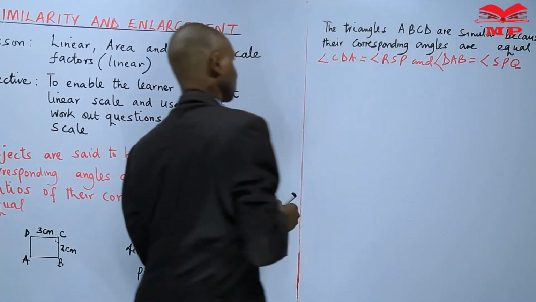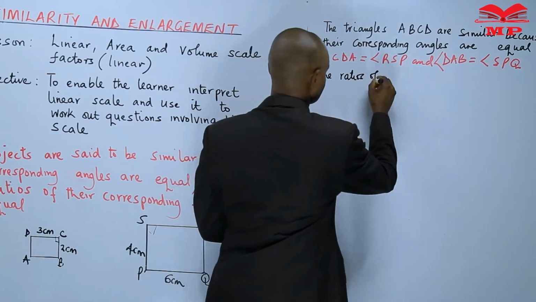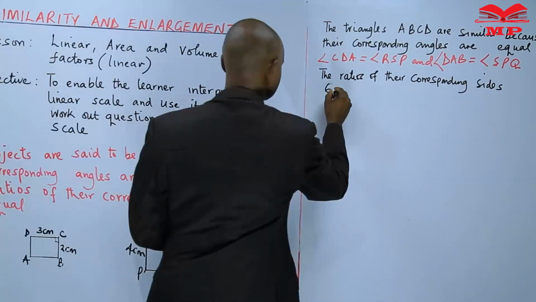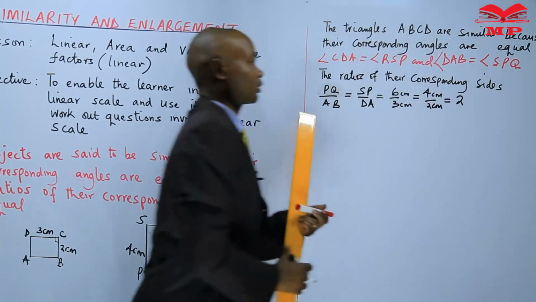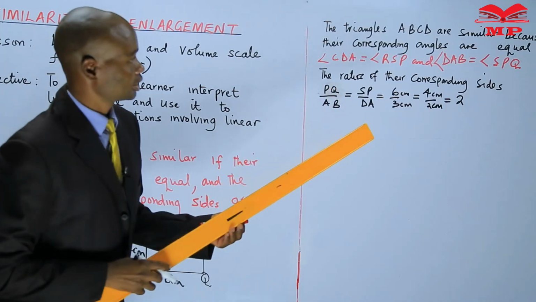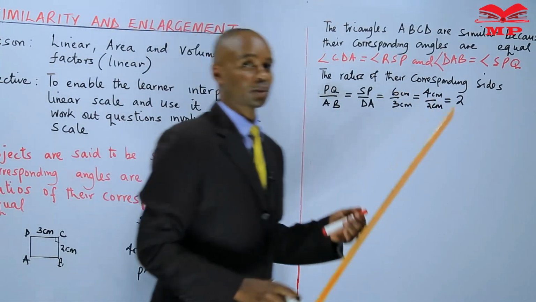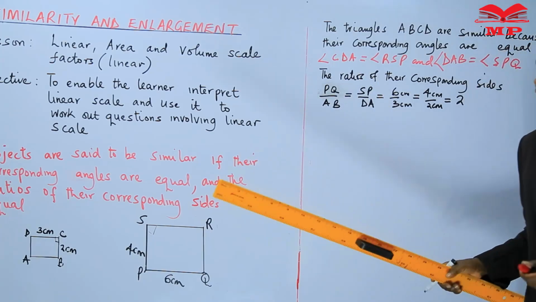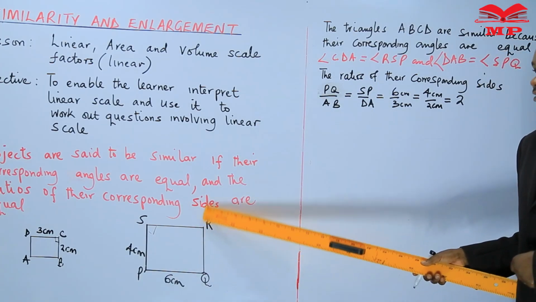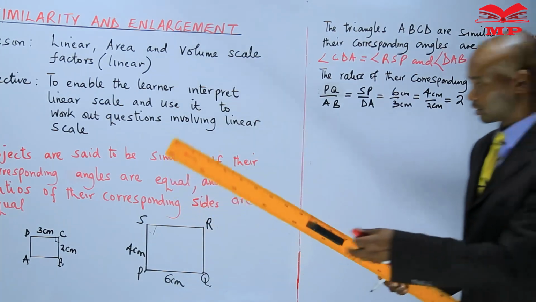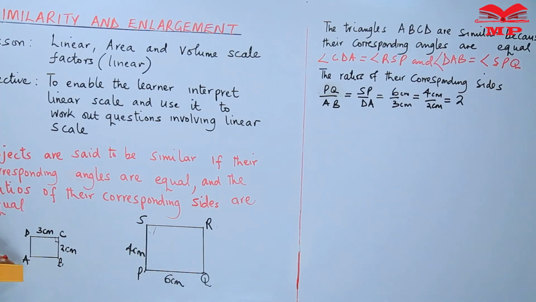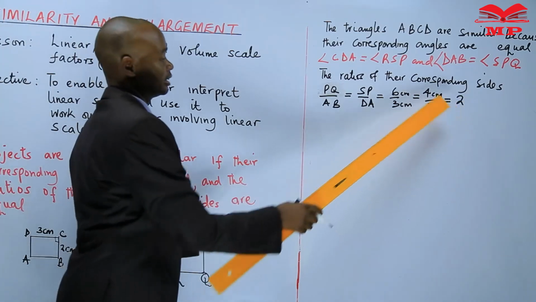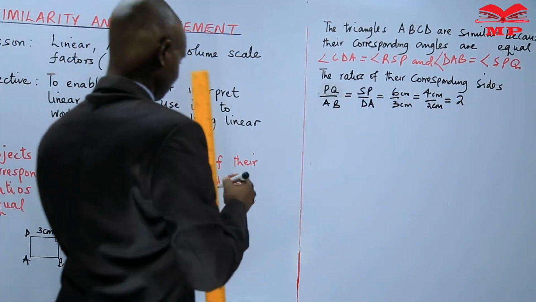Then we also note the ratios of their corresponding sides. The ratio of their corresponding sides is equal, as we've seen. So this happens to be the linear scale.